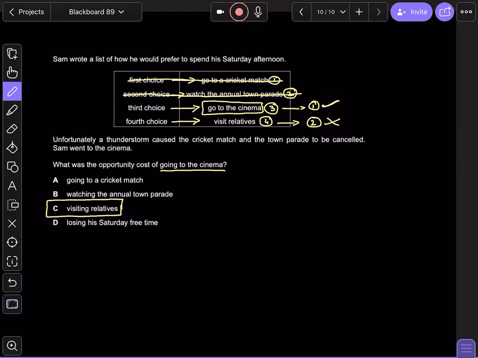This is how you have to list down your choices, and you have to select the next best alternative. Since option one and option two, the first and the second choices, were not available, the third one will become the first option, and the fourth one will become the second by default. And then if Sam is selecting the third choice, then the fourth one will be the opportunity cost.